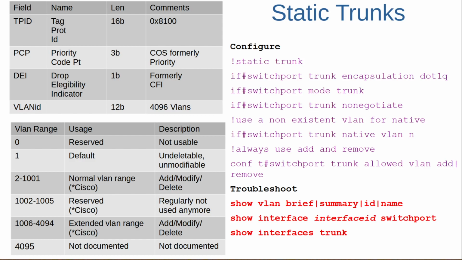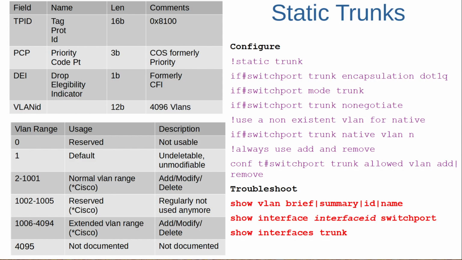In order to configure static trunks, always remember to set the encapsulation to .1Q, because some Cisco switches may offer to use the old trunking protocol ISL. Set it up as switchport mode trunk and switchport nonegotiate to disable the dynamic trunking protocol.